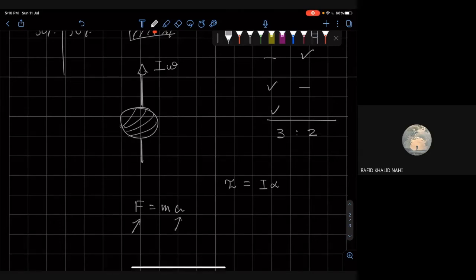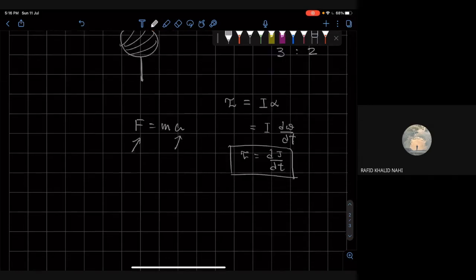Torque is I d omega by dt, and I omega is the angular momentum, so torque is dJ by dt, right? So you actually have to apply a torque, and you will feel the torque in your hand, right?